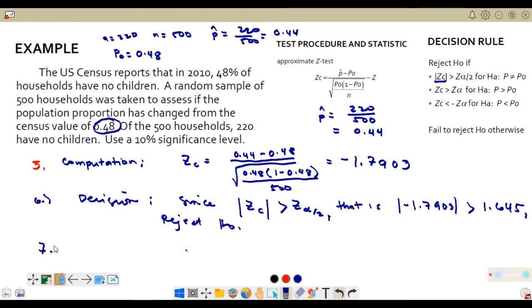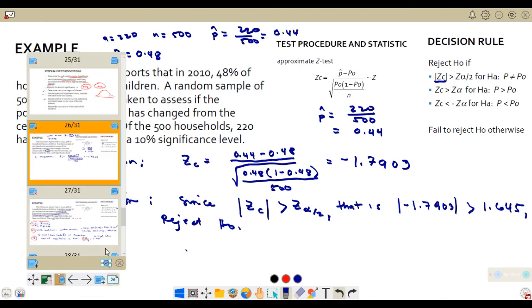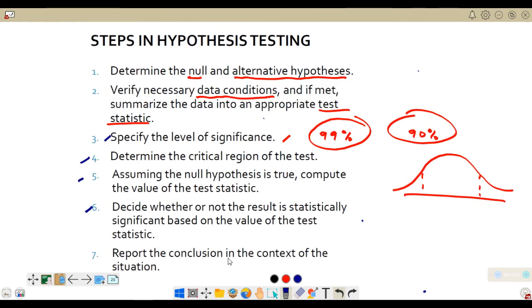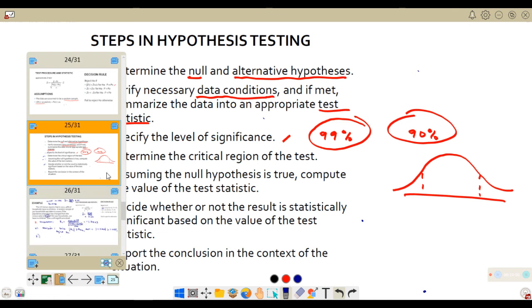Okay. Gawa na tayo ng conclusion. Last na. So, number 7, step. Report the conclusion in the context of the situation.